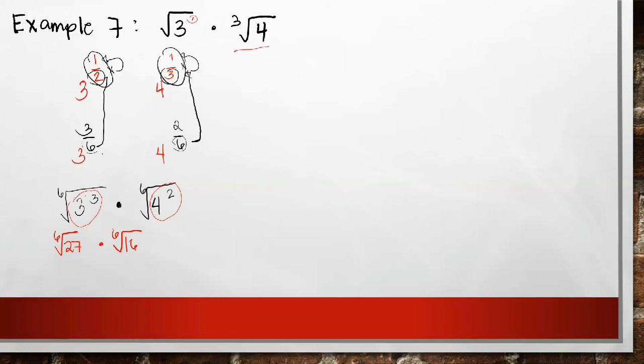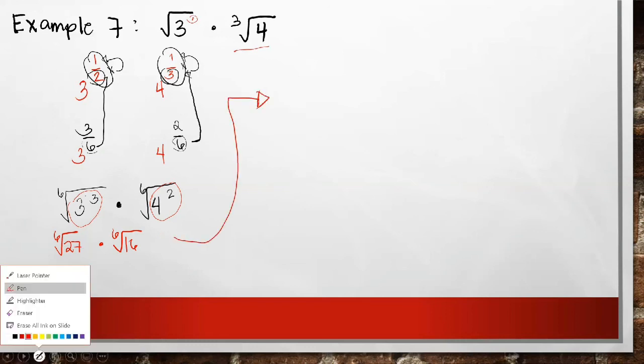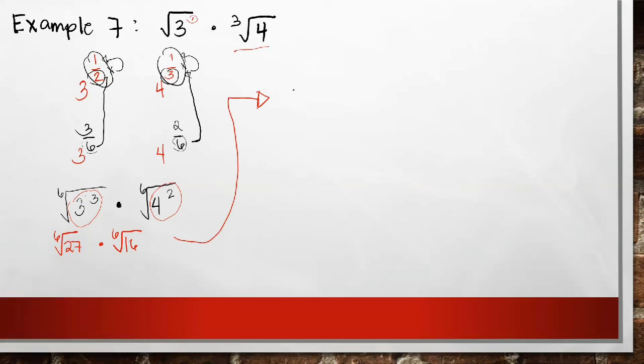So let's have our multiplication. Same index, so we are going to copy it. Sixth root of 27 times 16 is equal to sixth root of 432. Okay? So if you want to know if there is a perfect sixth root in 432, then list down the factors of 432.